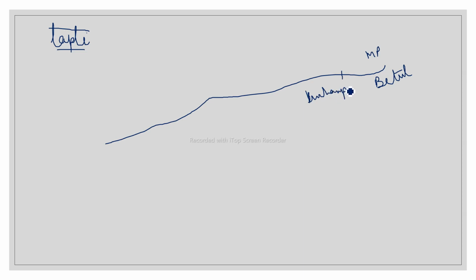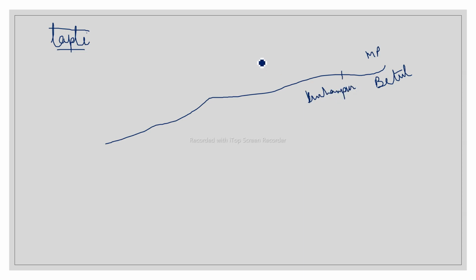So it is not a large one, it is originating, then it is entering into Arabian Sea. It is originating again from Madhya Pradesh, basically from Betul region. Now there is an important town on the banks that is known as Burhanpur, so you can write this down also.